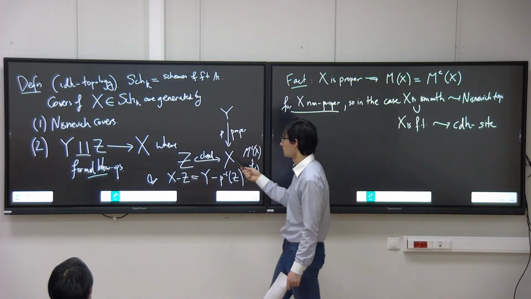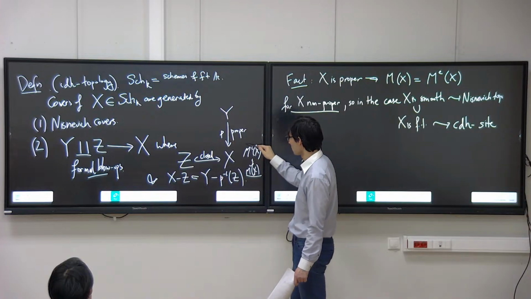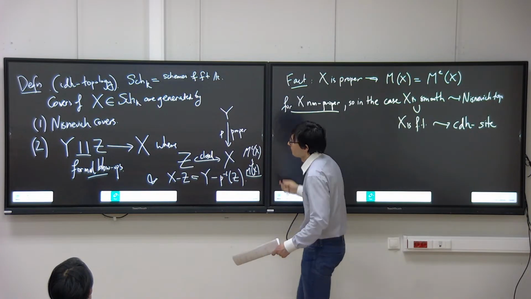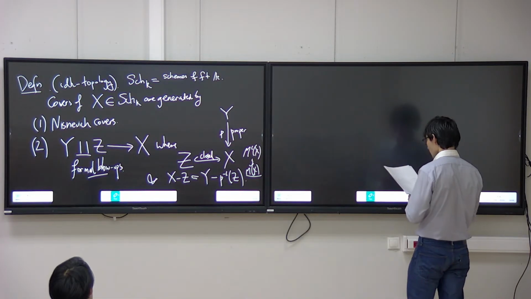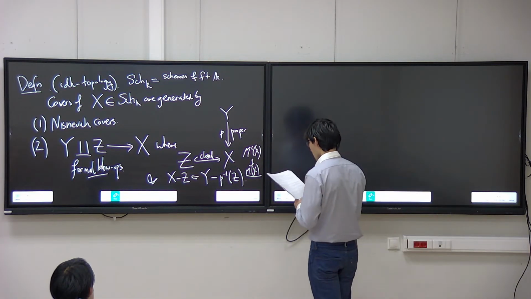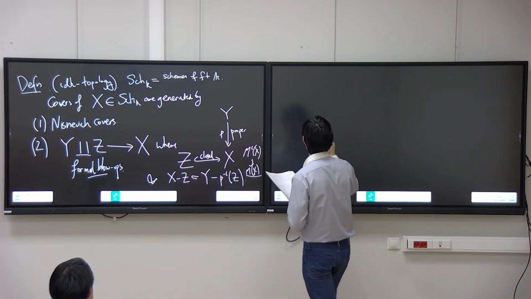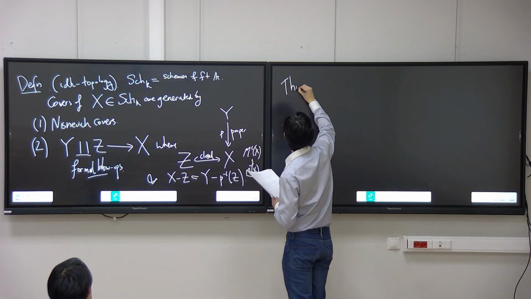So these covers allow one to reduce arguments from M^c to M(X). Okay, so in particular, you use this kind of strategy to prove the following theorem.